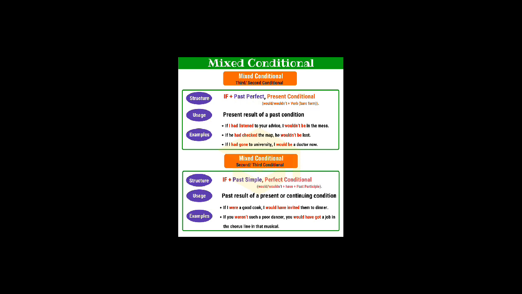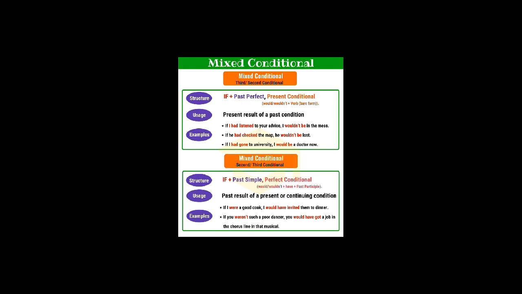Again, the same structure, if plus had plus past participle of the verb, that is the past perfect, and would plus be. That is, we take the condition from the conditional type 3 and the result from the conditional type 2, sorry.